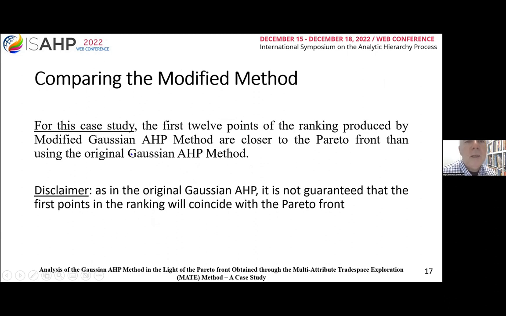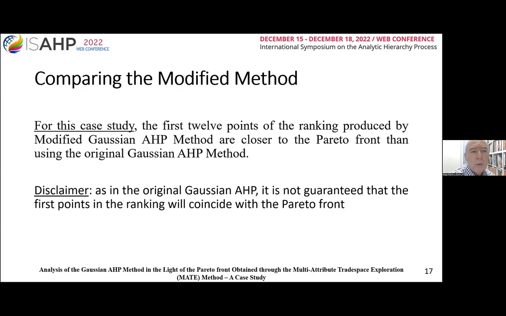For this case study, the first 12 points of the ranking produced by the modified Gaussian AHP method are closer to the Pareto front than using the original Gaussian AHP method. As I said, when you used the original Gaussian AHP method, only 7 points coincided with the Pareto front. When we used the modified proposition, 10 points of the ranking coincided with the Pareto front.